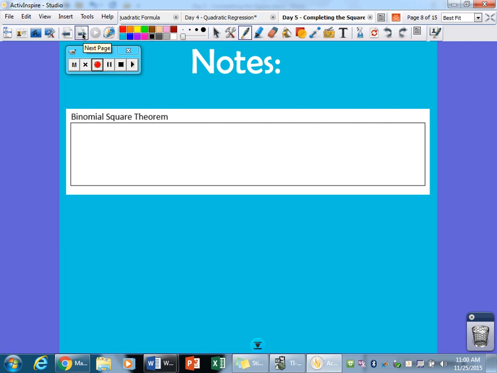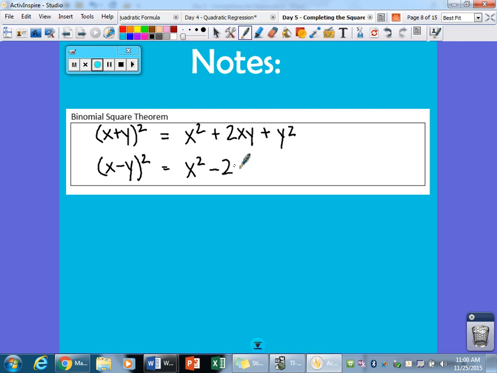Your binomial square theorem. Now this is what you'll see in the book, and we're going to go through this a lot today. So x plus y squared equals x squared plus 2xy plus y squared, and x minus y squared equals x squared minus 2xy plus y squared.